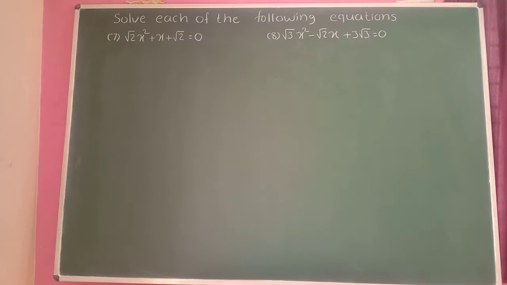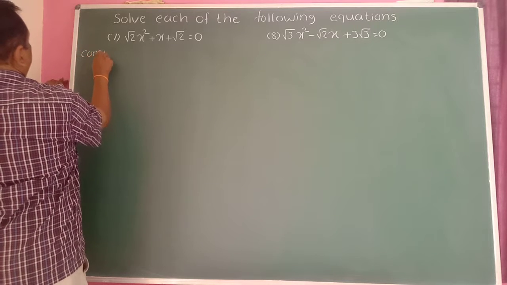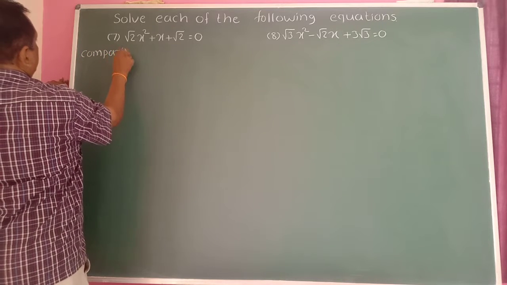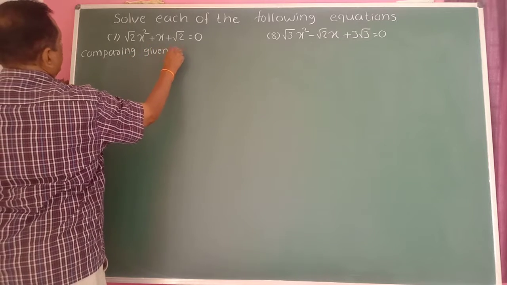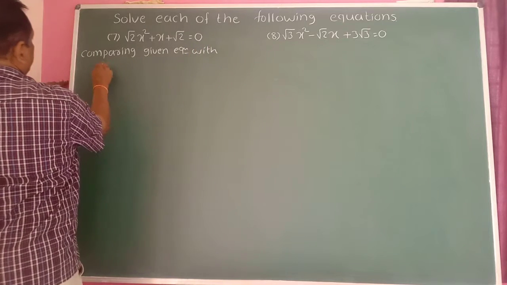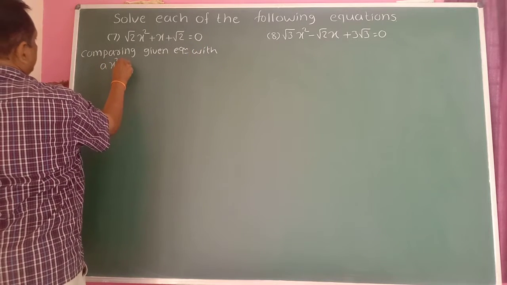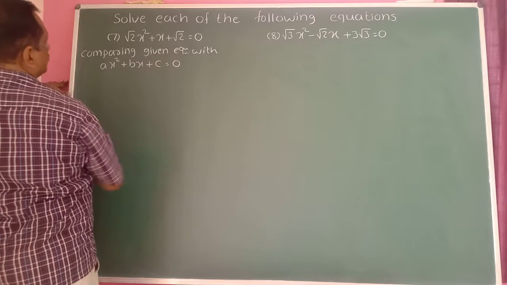So solve the following equations. Again, comparing given equation with ax square plus bx plus c is equal to 0.